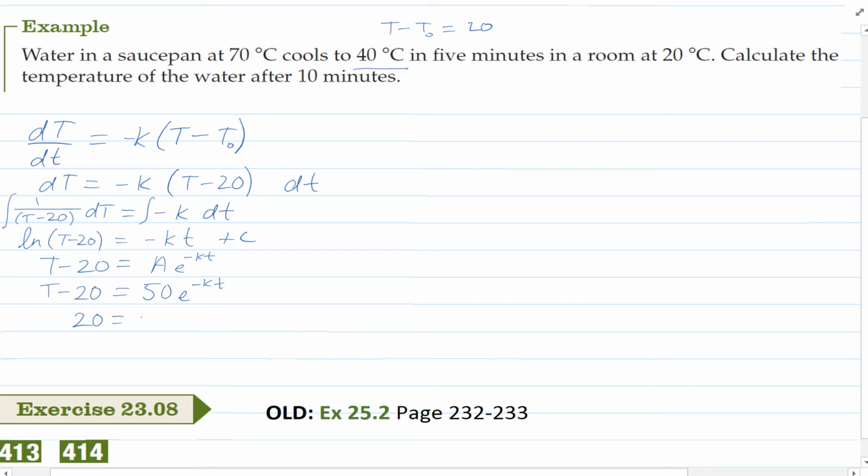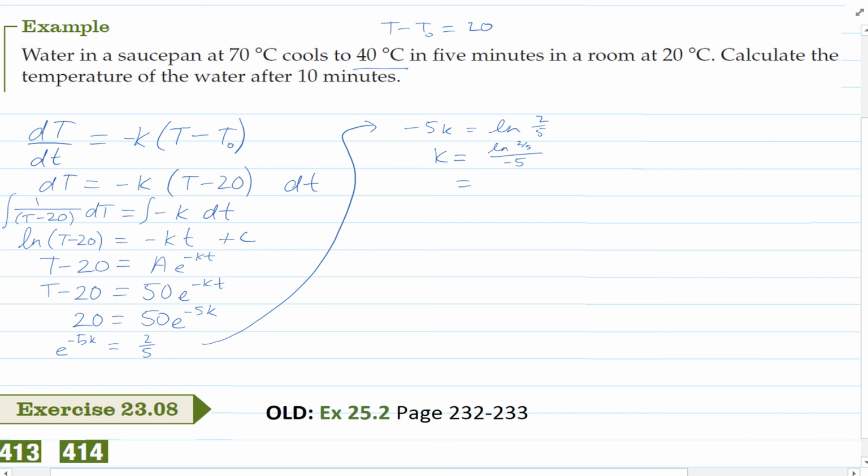So we've got 20 equals 50 e to the negative k times 5, so negative 5k. We can say that e to the negative 5k is equal to 2 over 5, and taking the natural log of both sides, we have negative 5k equals natural log of 2 over 5, and so k is going to be the natural log of 2 over 5 divided by negative 5.